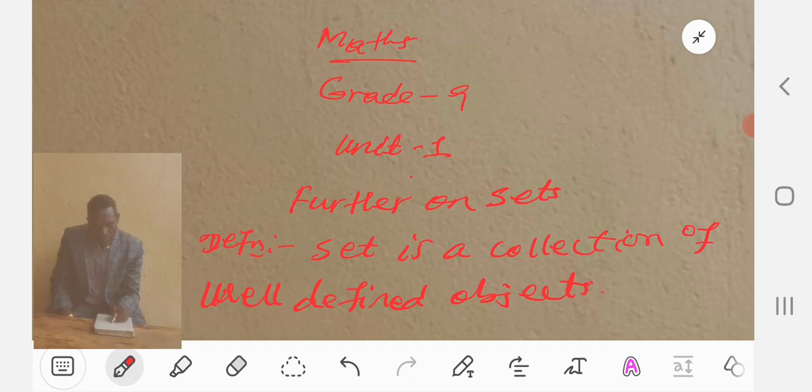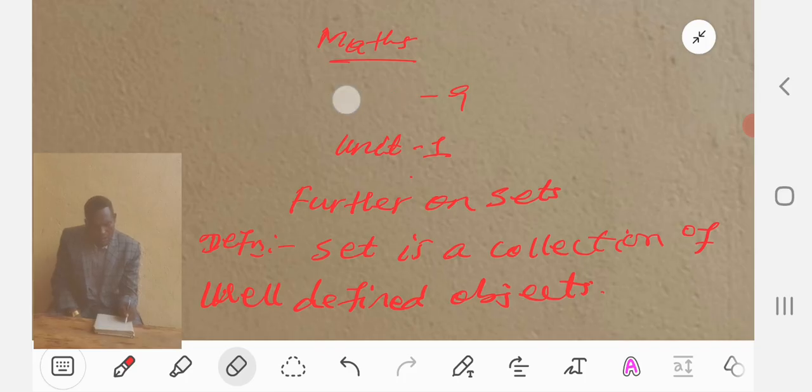This means a collection is said to be the set if it is clearly well-defined. That means well-defined means it must have the same meaning for different persons' minds. It describes the same for different persons. If this happens, then that collection is said to be the set.